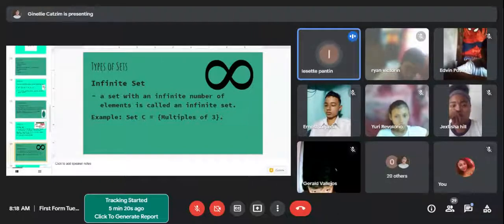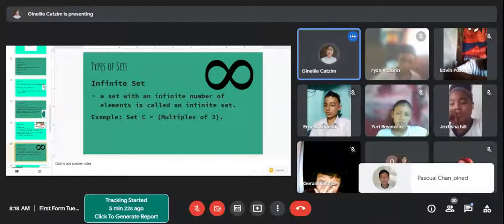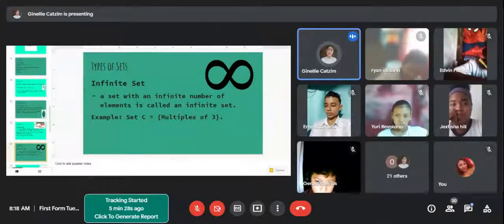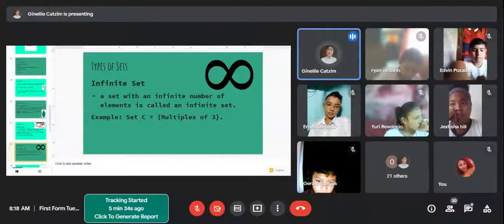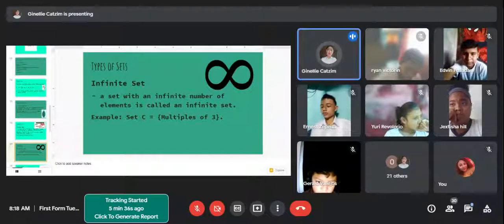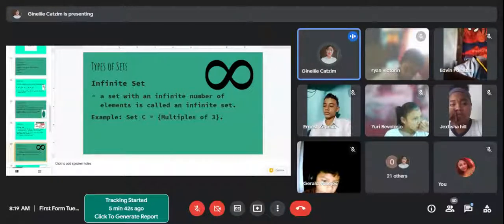We can try, but we won't be able to count the stars. Very good, so it's no. So this is a very good example of an infinite set. For example, multiples of 3. Why? Because we can see the very first 5 or maybe the 10, but it keeps going on. It will not end. So this is what an infinite set is.